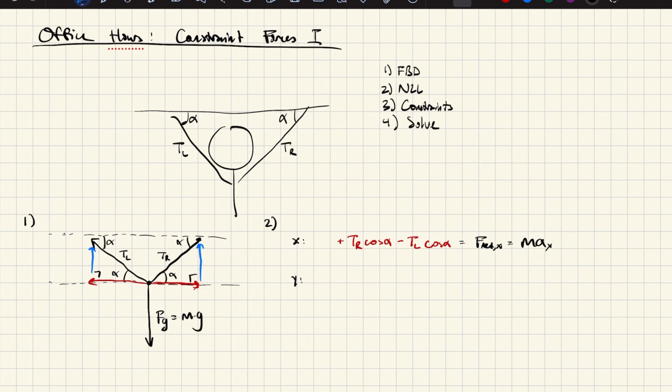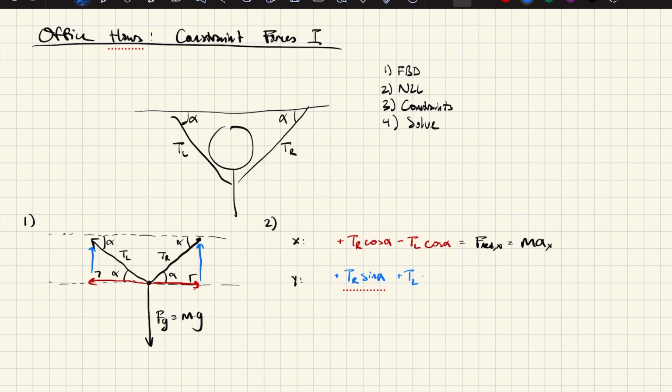Okay, the next thing we want to do is look at the vertical components. And so our diagram shows us there are three vertical components. Because these vertical blue components are opposite the angle that we've labeled, we're going to use sine instead of cosine. We can see that the right tension gives us TR sine alpha. The left tension in this case is also positive because the blue component points upwards.